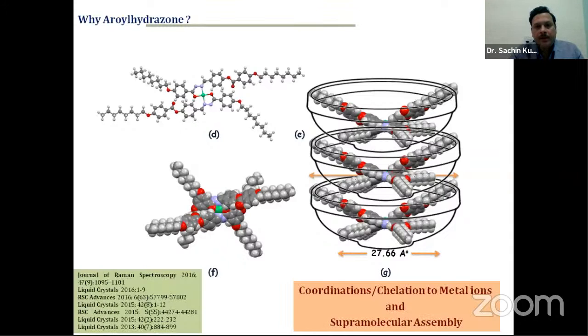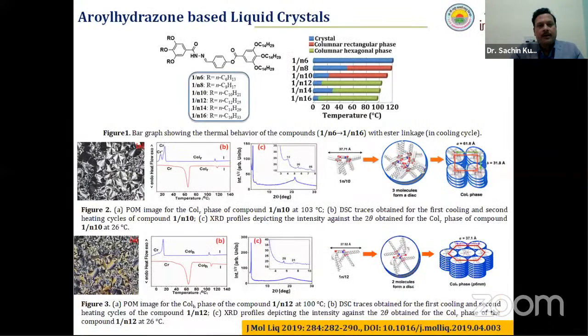Now, this is the core. Here I will discuss only 3 publications on this core. In total, 16 publications were there on this core, in which we are getting very interesting results. You can see the aryl hydrazone core here, and we have added an ester bond in this core, and this is a polycatenary system. Polycatenary means, as you can see, an insect-like structure with many catenaries.